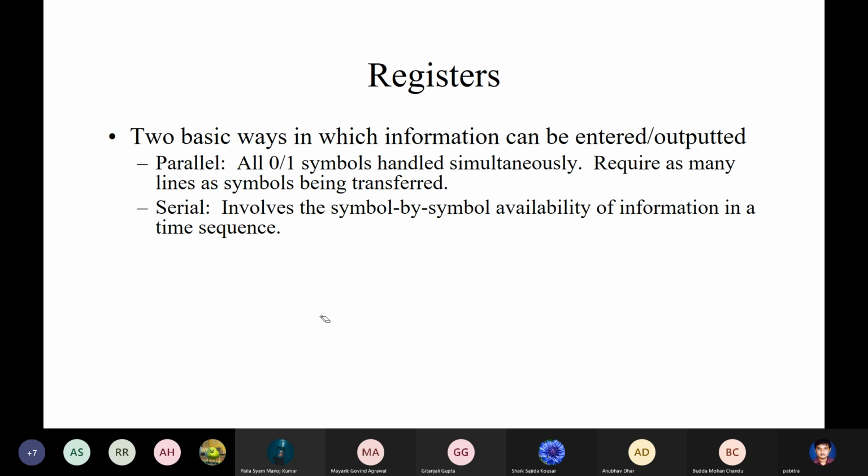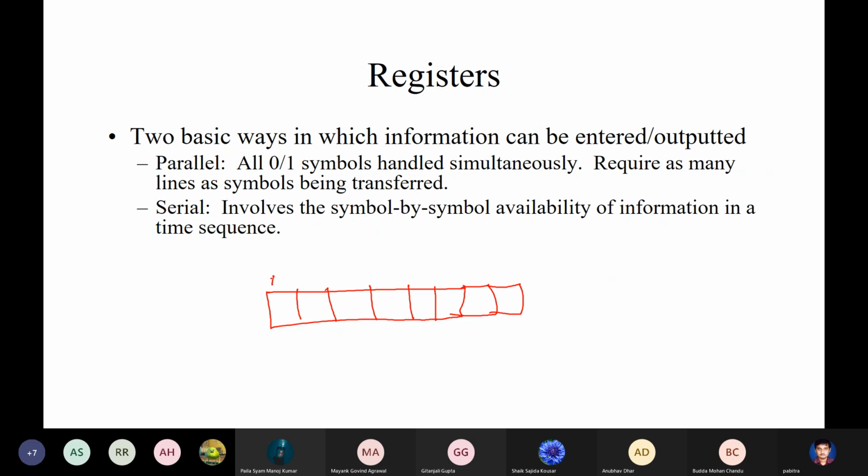All right. So there are two ways. If you look at a flip-flop or a register, let's say, usually we'll write a register like this. Okay, so there are two modes of operation.